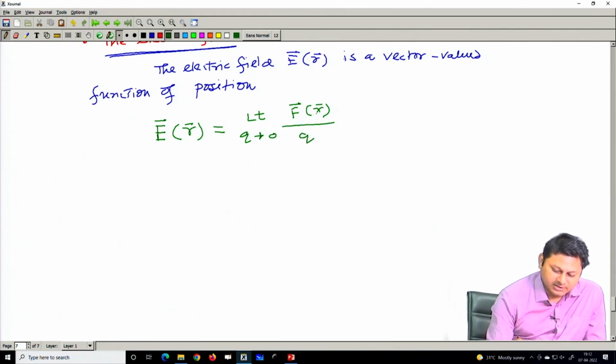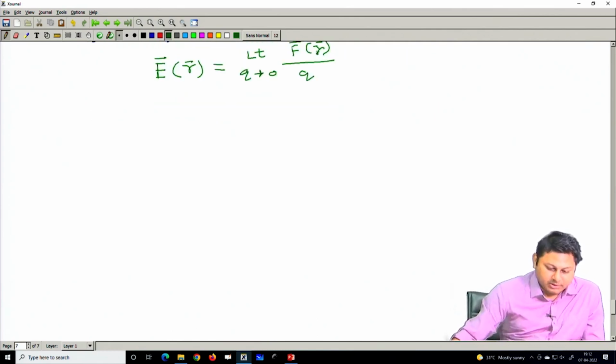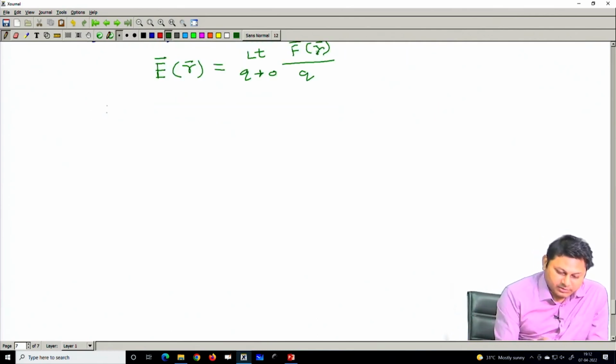So, this is by definition the electric field, and I explained in the last class why I should take this limit. This is r.